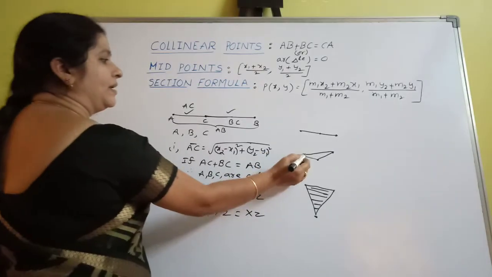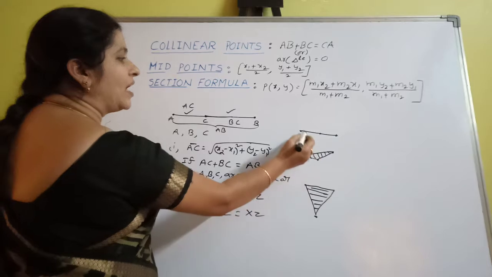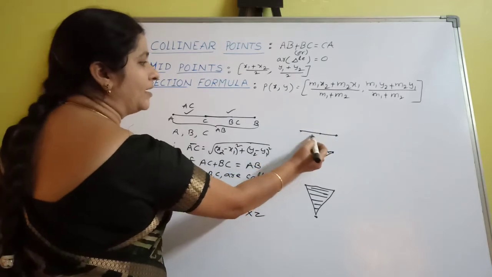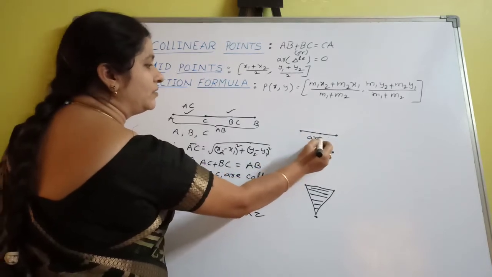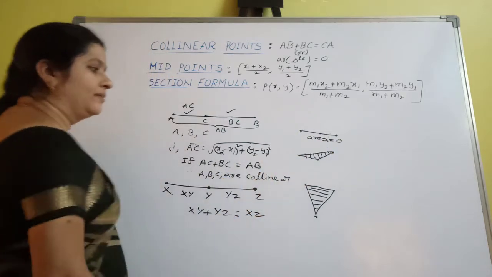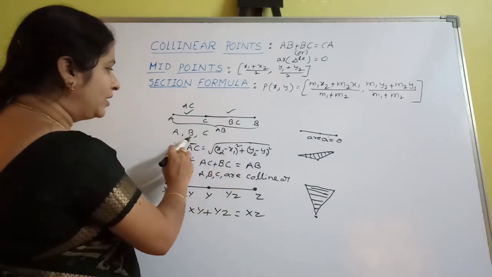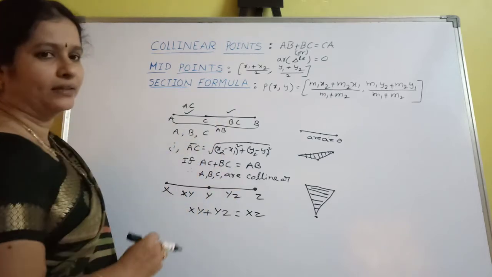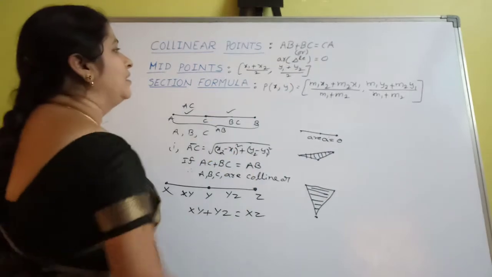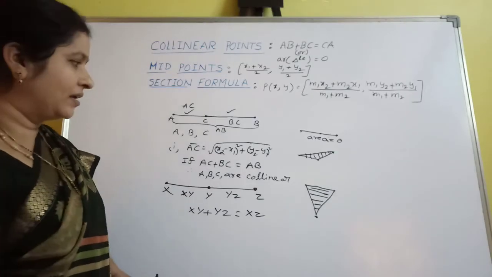So the occupied place of the triangle is called area of the triangle. Here we cannot make a triangle, so area equal to 0 here. If the area of the triangle is equal to 0, then those 3 points are collinear. That is the second condition. We will discuss the formula of the area of the triangle in another class.